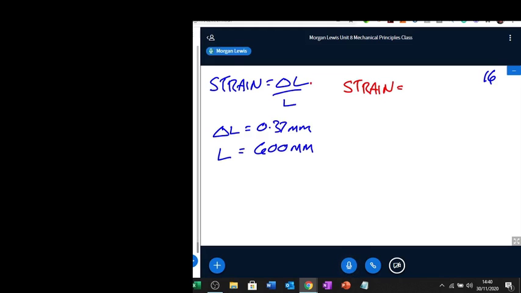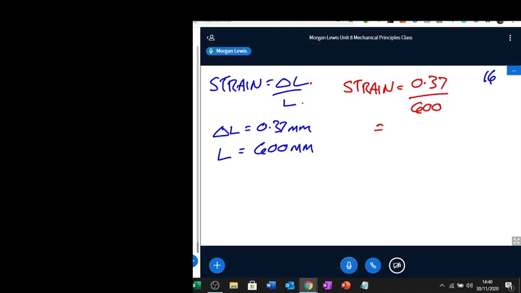They both are in millimeters, so we'll keep them in millimeters, save changing them about a bit. Strain is 0.37 divided by 600. You can convert them both into meters if you want to, and you'll get the same answer. It gives you a small number.